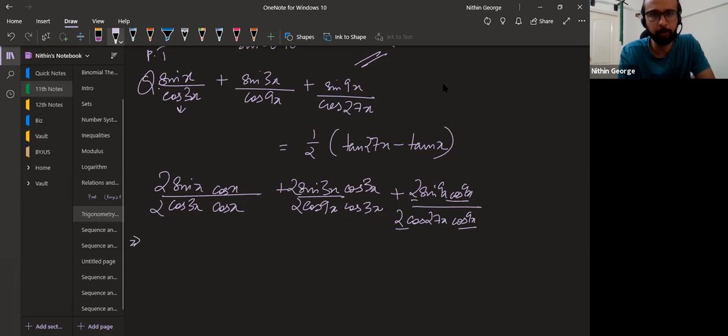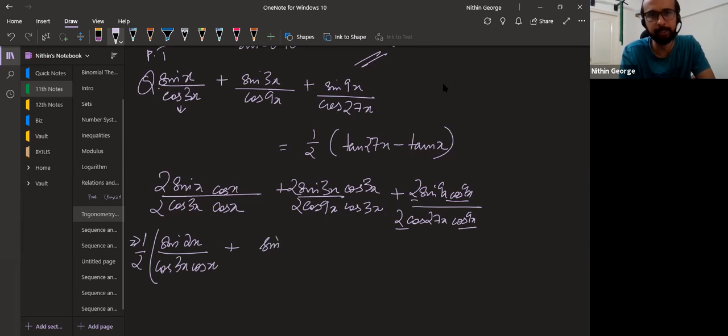Yes, sir. Continuing from here, what is the numerator here? Sin 2x. All right. And below, you'll see there'll be a 1 by 2 common, and there'll be a cos 3x cos x plus.